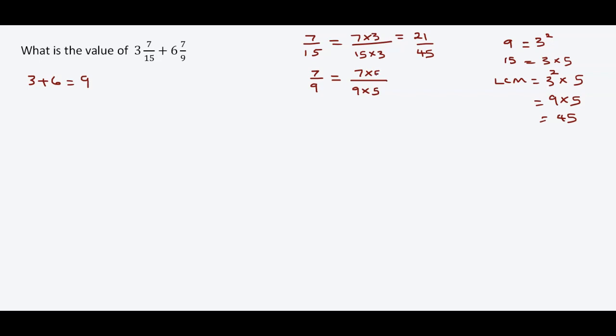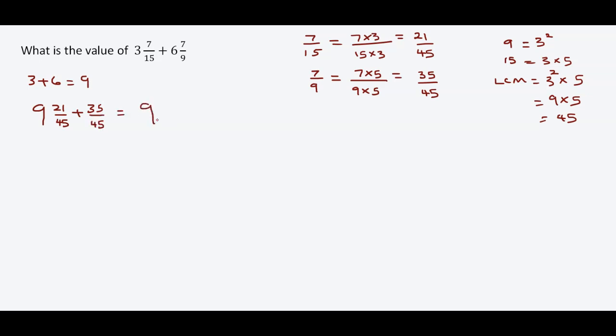We also multiply 7 by 5. So this is going to give us 35 over 45. So now we have 7 over 15 is 21 over 45. And then we have 7 over 9 is going to give us 35 over 45.